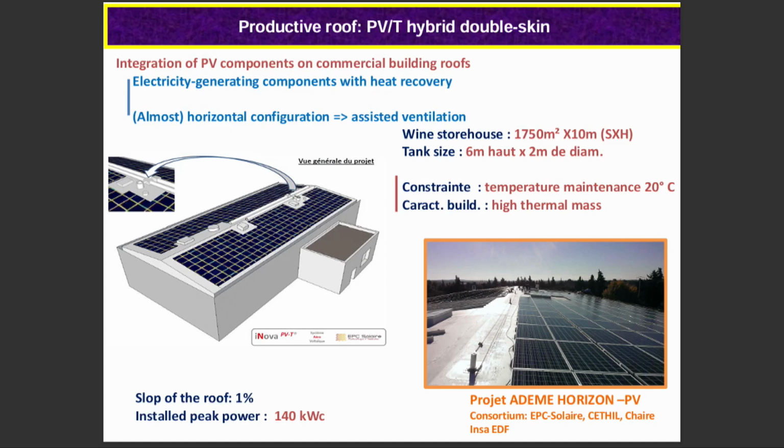The constraint was that the roof slope was not important, only 1%. So we decided to put panels on both sides of the roof. The tank side, so inside, is very important, very inert.